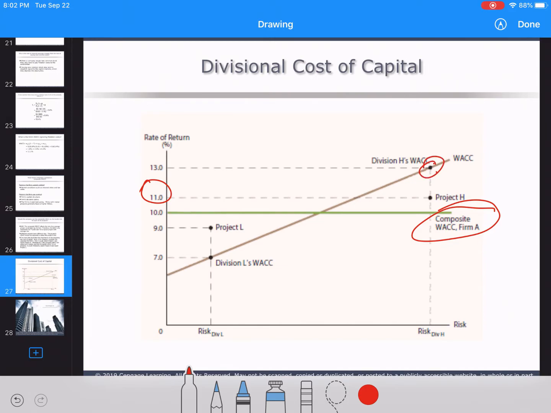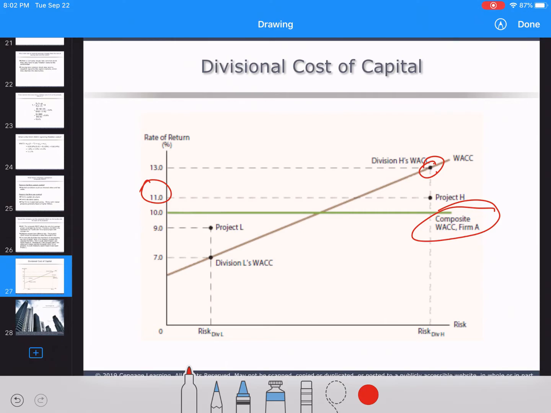So if your project has an 11% cost of capital, and your weighted average cost of capital is higher at 13%, you say that you are going to reject project H, right?